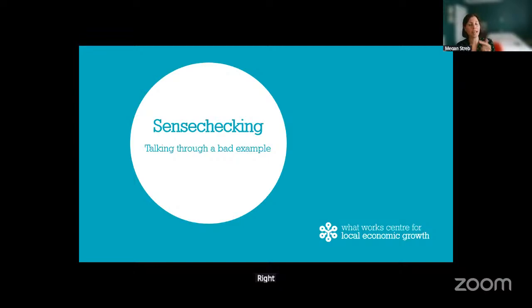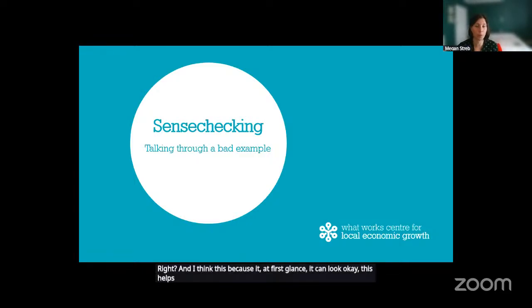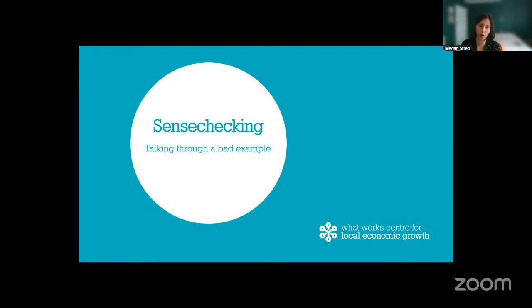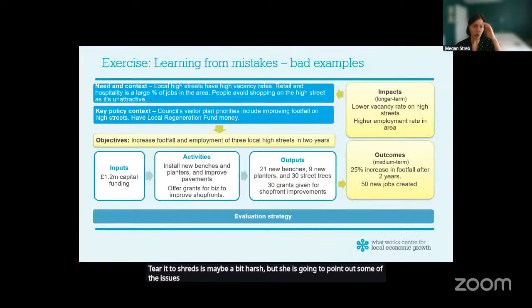And I think this helps because at first glance, it can look okay. This helps show why logic models can be really useful. So I'm going to introduce the project and the logic model, and then Victoria is going to helpfully join and tear it to shreds, maybe a bit harsh, but she is going to point out some of the issues about it.